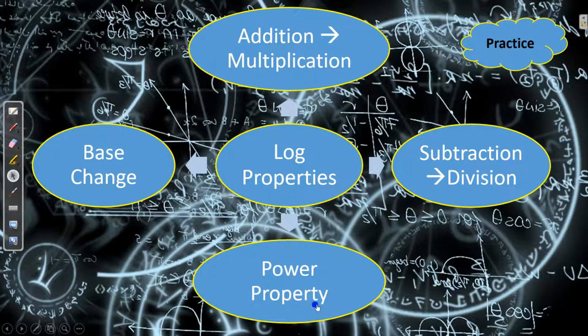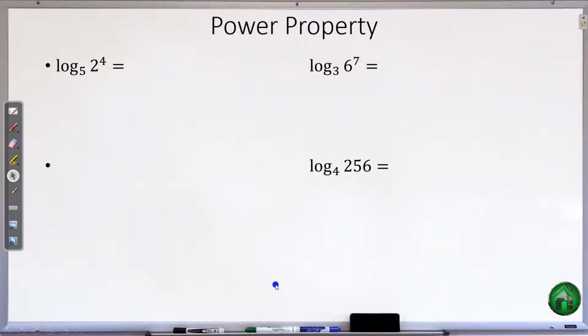So our next one is the power property. What if we throw in some exponents? So we've got log base 5 of 2 to the 4th. What this says is you can take that log base 5 of 2 and then take this 4 and bring it out. It comes down in front.